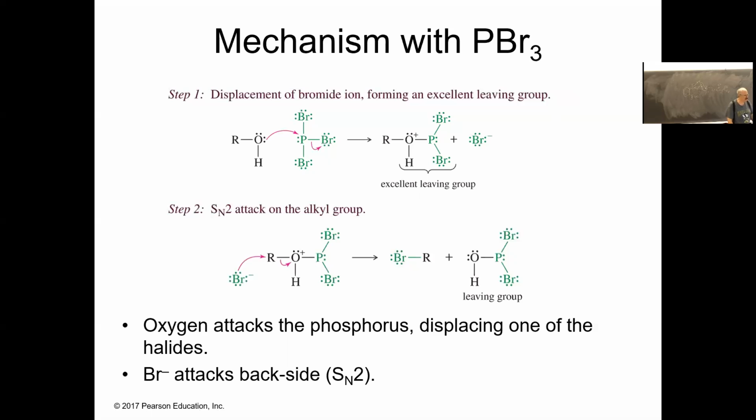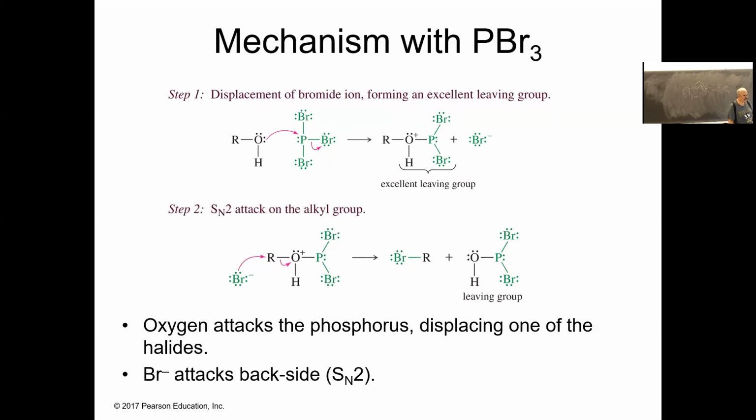Here's the mechanism. The alcohol will attack phosphorus and kick out a bromide ion by an SN2. And this gives us an excellent leaving group. Bromide comes in from the backside, attacks, and then displaces this leaving group.